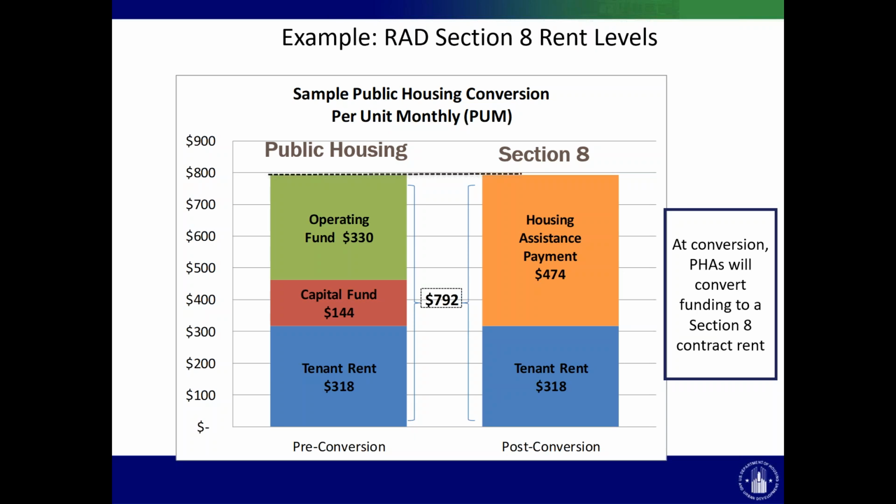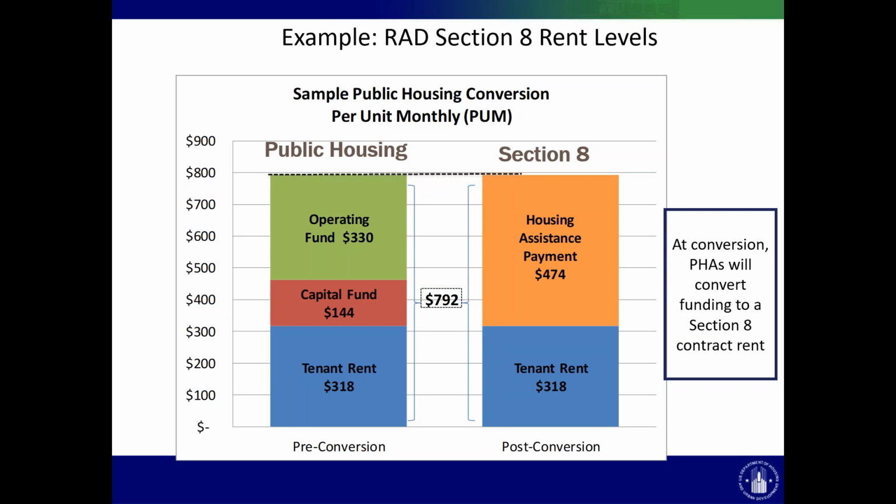So for the operating fund, each property is funded at the property level, so we know this amount. Similarly, rents are collected at the property level, so we know what this amount is for every public housing property. The capital fund, while provided to the PHA as a lump sum grant, is actually calculated at the project level too. So we take these three amounts, we put them together, and we come up with a number for this sample property at $792.